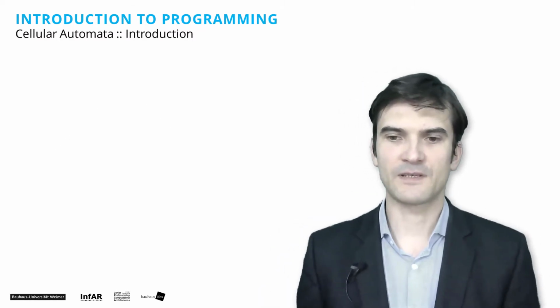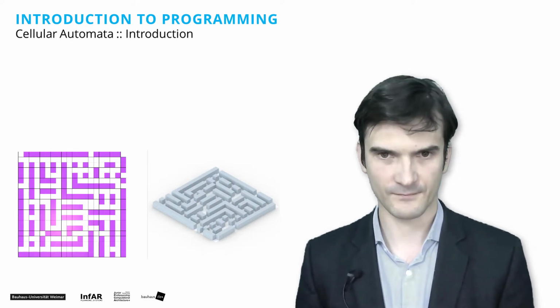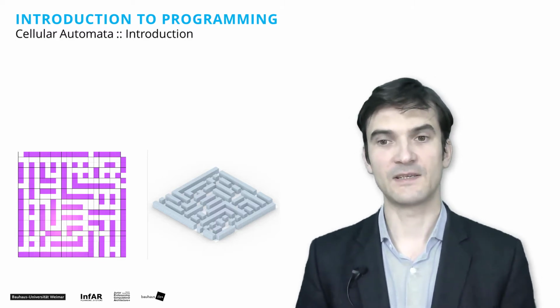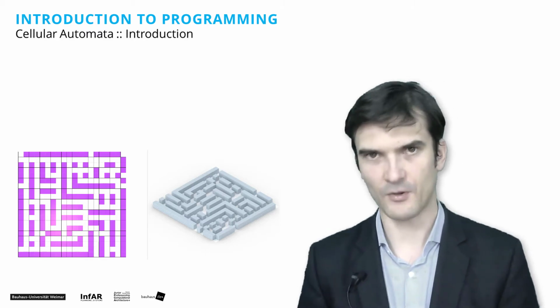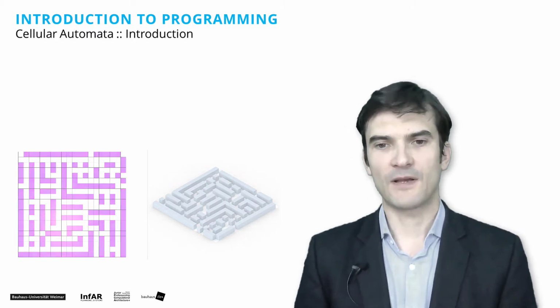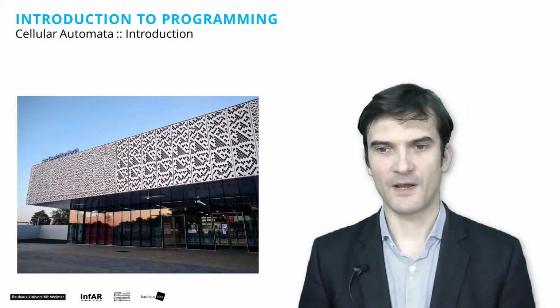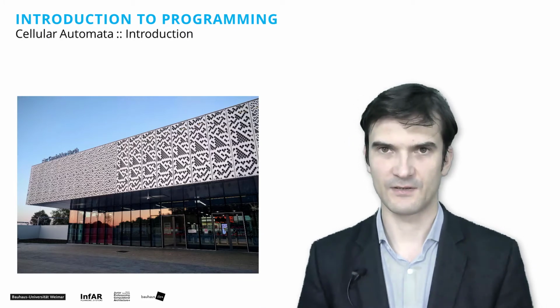In our examples in the following, we consider primarily two-dimensional automata, respectively three-dimensional automata, since they are closer to architectural applications, at least from my point of view. Whereas there are also examples of facades that are inspired by one-dimensional cellular automata, which you can see in the image.